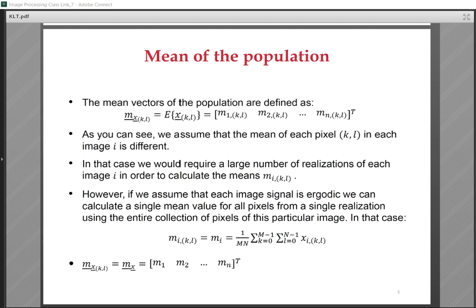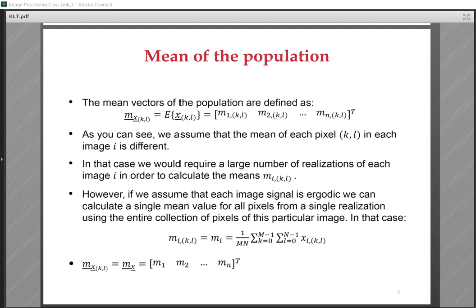That means averaging all pixels in image 1, image 2, up to image n, all m by n pixels, in the form of a transpose, or vertical vector. This calculates the expected value, or mean, of the x vector.